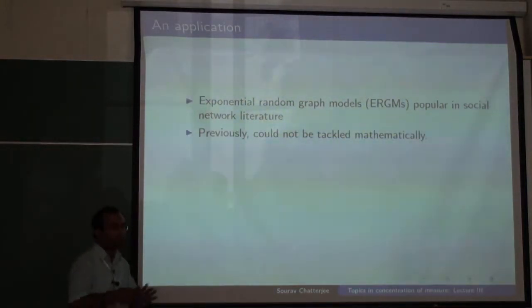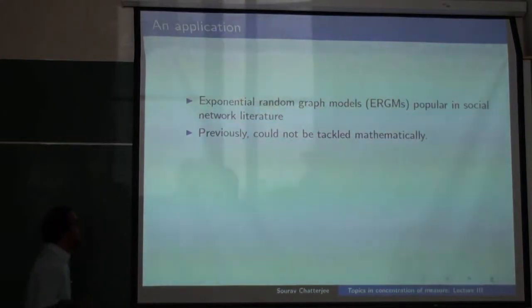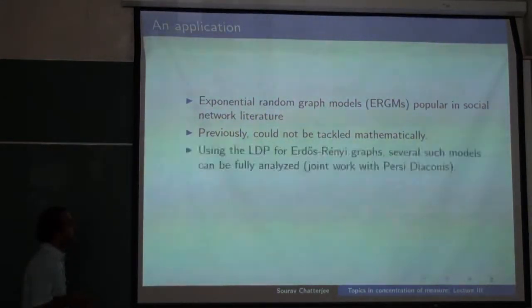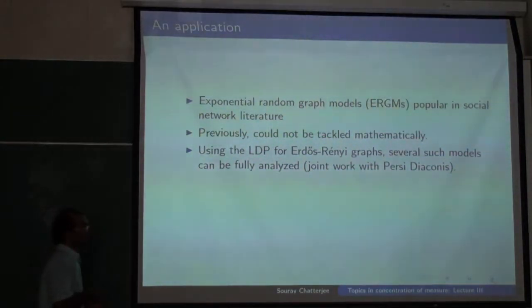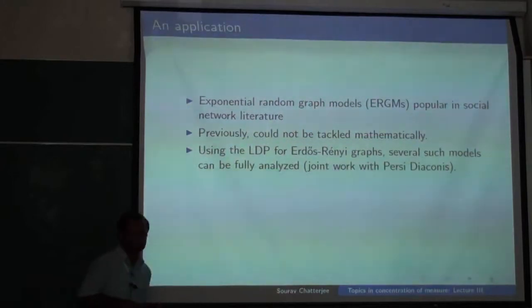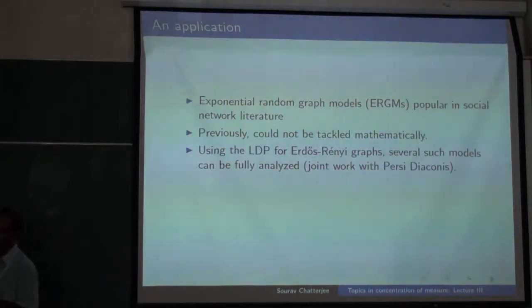There were lots of papers by social scientists, statisticians and theoretical physicists, but no rigorous results. Now, using this large deviation principle, several of these models could be completely analyzed in the sense that we got all the expressions, but it's still a long way to go because we cannot solve the variational problem.